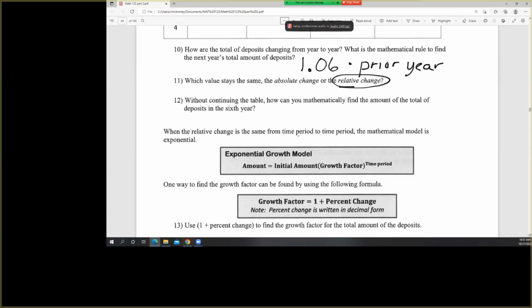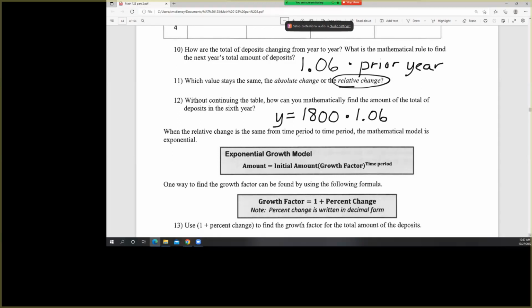So then without continuing the table, how could you mathematically find this? Any year actually, but the 6th year wouldn't be so bad. I'd have to do it a couple times though. If you take your starting amount and think what we're doing, we are repeatedly multiplying times 1.06, right? How could we write repeated multiplication by the same number?